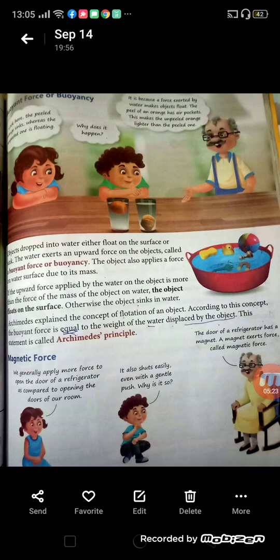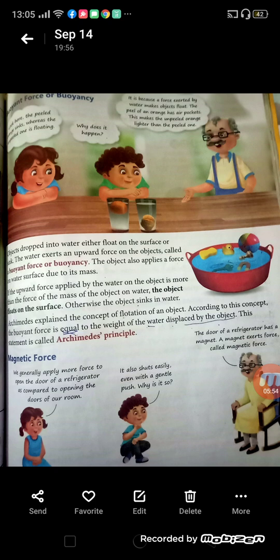The object also applies a force on the water surface due to its mass. What did Archimedes explain? According to this concept, the buoyant force is equal to the weight of the water displaced by the object.